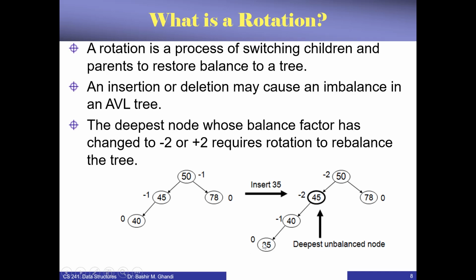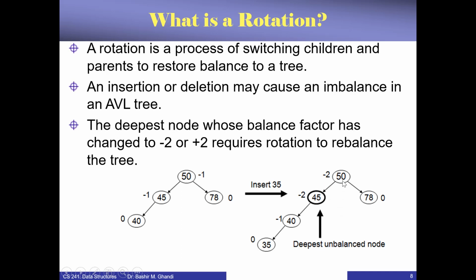Now if you recalculate the balance factors, you will see that the balance factor of 45 has changed from -1 to -2, because now right is 0, left is 2. But also, if you look at 50, its balance factor has also changed from -1 to -2, because we have 1 on the right, minus 3 on the left. 1 minus 3 is -2.